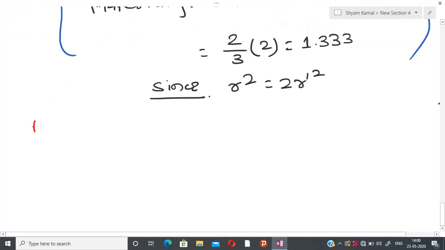So let us write the remark, and this is the second advantage basically.